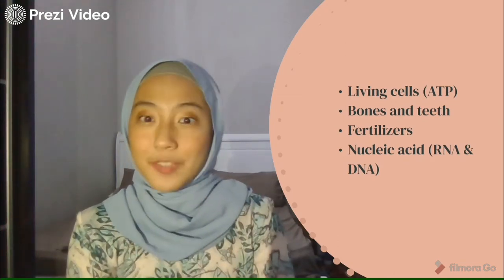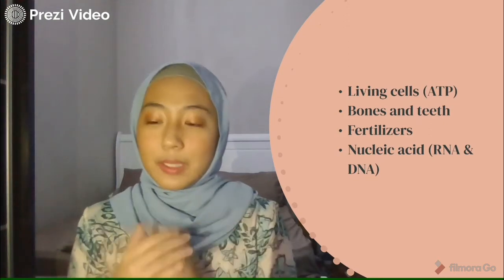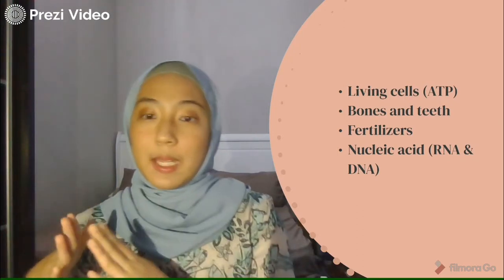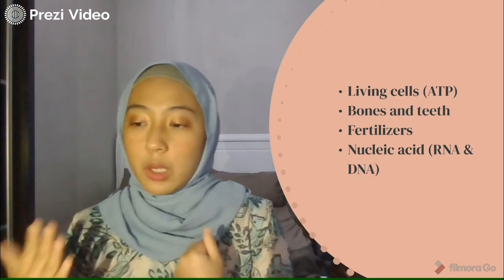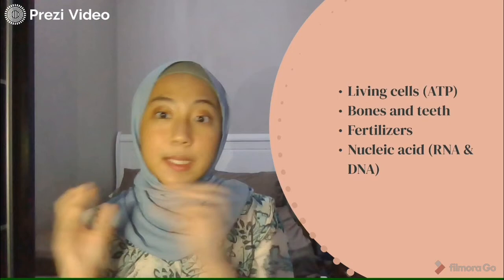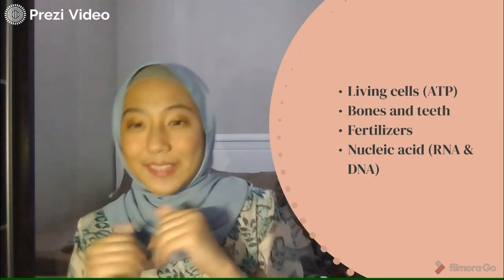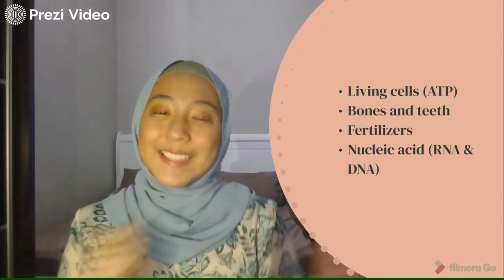Third will be phosphorus in fertilizers. Phosphorus is important in fertilizers because it helps a plant to convert other nutrients into building blocks with which to grow. So usually on fertilizer bags, we could see the symbol NPK balance, which P stands for, you guessed it right, P stands for phosphorus.